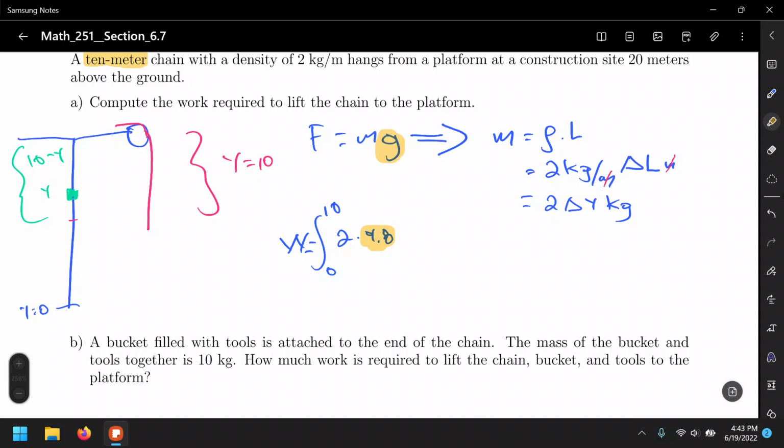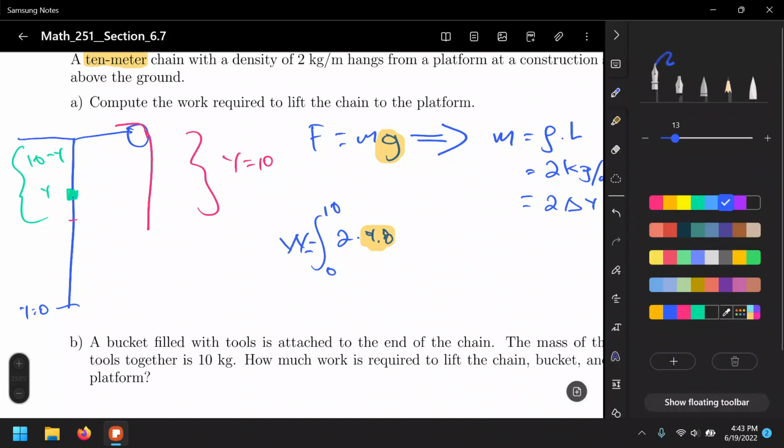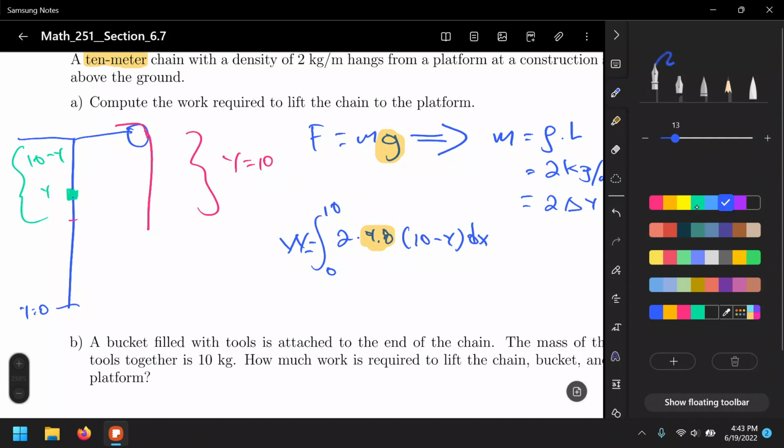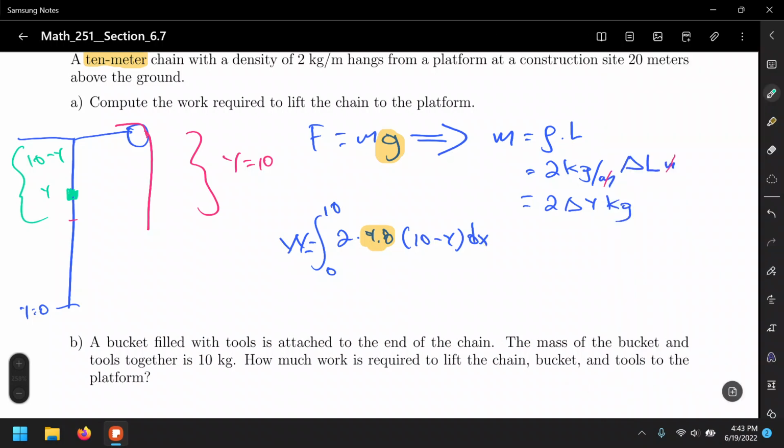So force times the distance, and in this case whatever distance the chain has left to cover, which is 10 minus y, dy. To be consistent with the units, the 2 times dy go together and are both kilograms, and this 9.8 is meters per second squared, and these are meters, the 10 minus y.